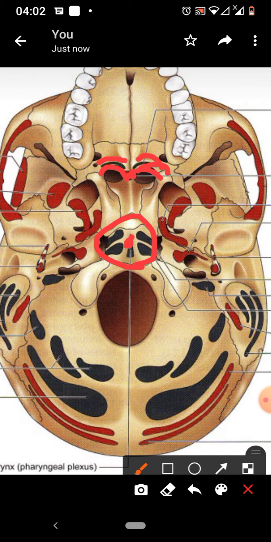Here an elevation is present, you already know, and the name of this elevation is the pharyngeal tubercle. On the pharyngeal tubercle you have the superior constrictor muscle's attachment, which is attached through a raphe.